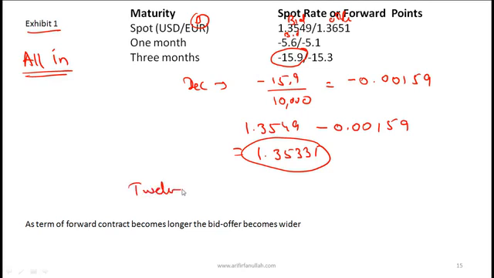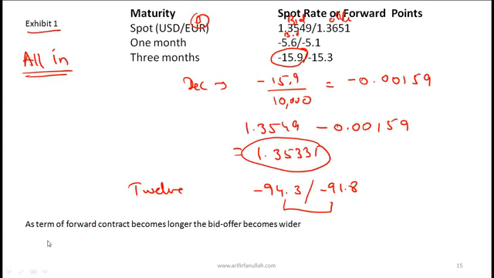On the 12-month contract, the forward points are minus 94.3 slash minus 91.8. Now you will notice that the bid offer spread widens as the maturity goes up.